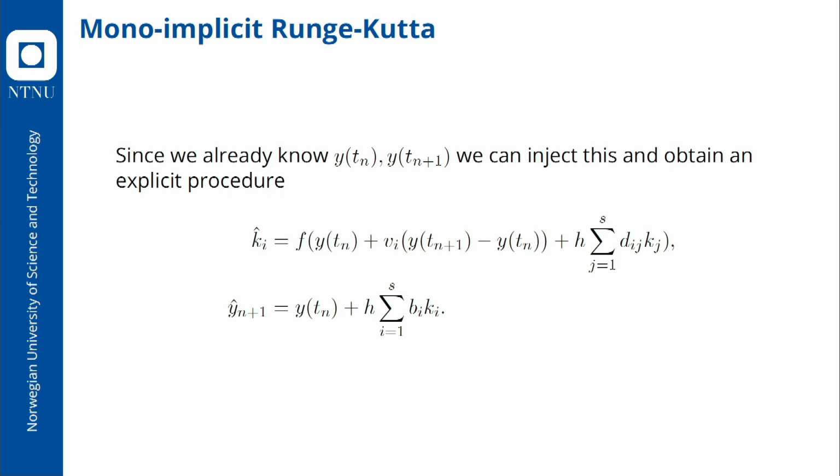The nice thing now is that we know y_n and y_{n+1}, so we can inject these points into the computation of our stage. Since the D matrix is strictly lower triangular, we end up with an explicit procedure to compute the stages, which gives us an explicit Runge-Kutta scheme in total.